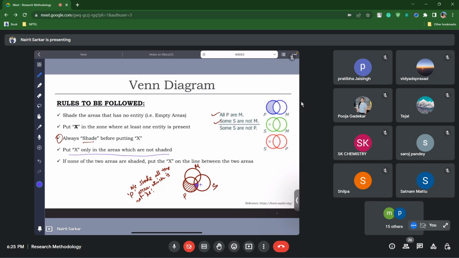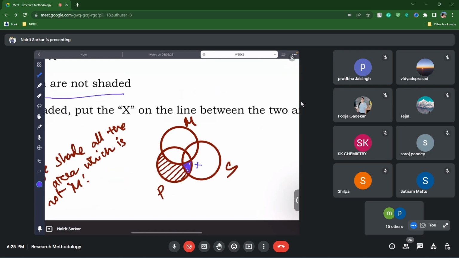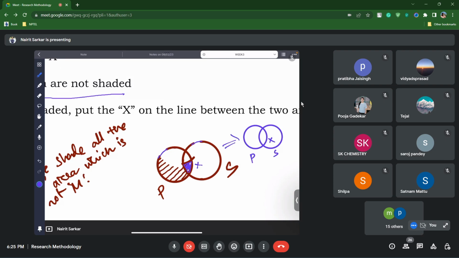Okay now? As you can see, if I now remove the M part, between P and S, it is this one.